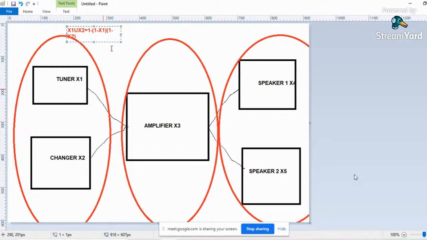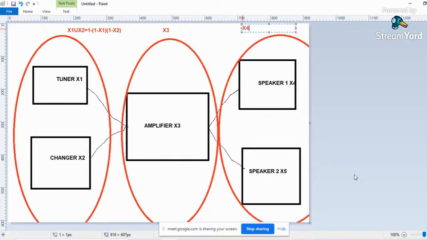Okay. So the structure function of this first module is x1 union x2, that is equal to 1 minus (1 minus x1) into (1 minus x2). This is the second module, that is just a single component, so we can write it as x3.